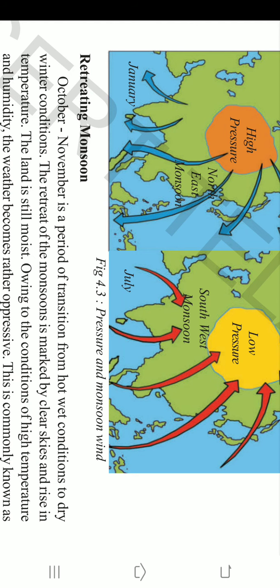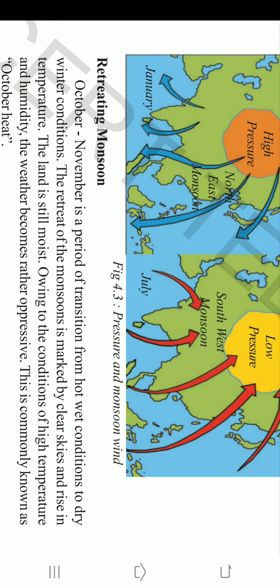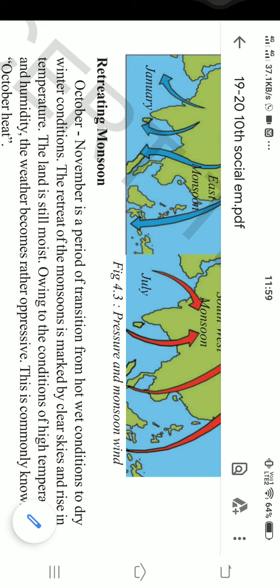Understand? Why do we call these monsoons retreating monsoons? Actually, the advancing southwest monsoons, after covering the entire India, return from the Himalayan mountains by October, November. As the monsoons change direction and turn to reverse, they are called retreating monsoons.